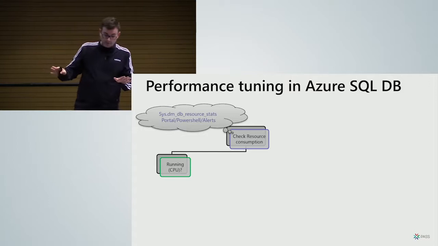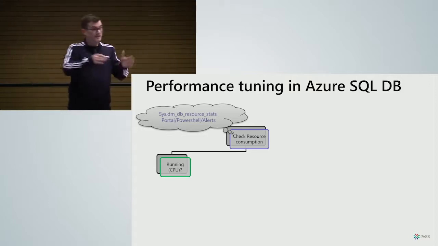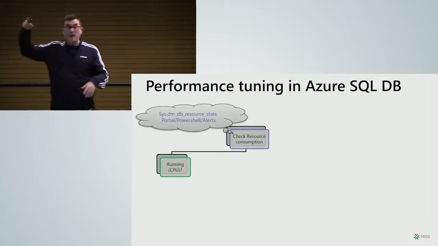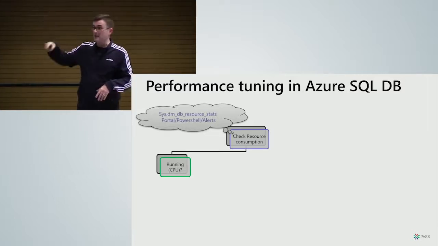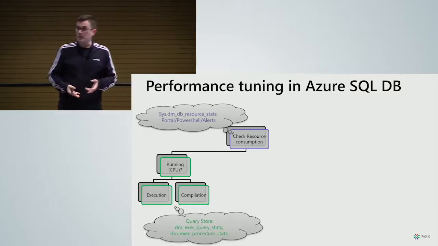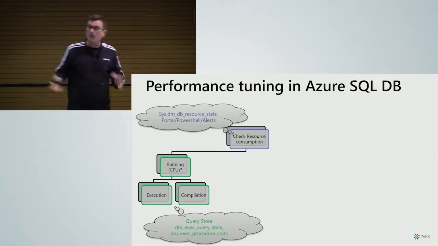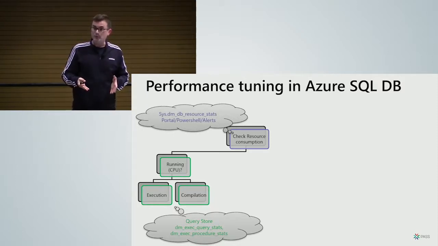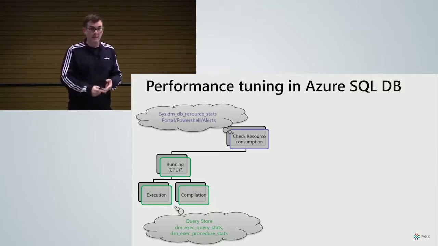So speaking of CPU, next, after we check the resource utilization, then you'll check, okay, am I running CPU hot? And if I am, if it is a high CPU scenario, let's say 90% consistently over time, is it execution or compilation overhead? And for this, all the classical SQL Server techniques that you could use: query store, dynamic management views.